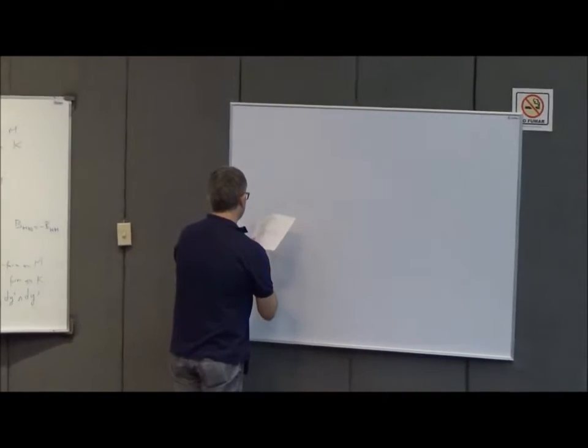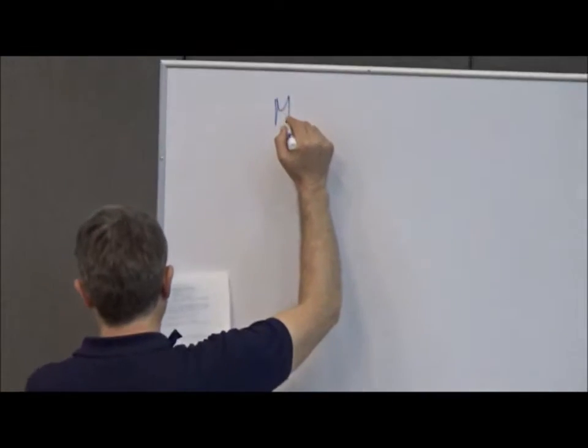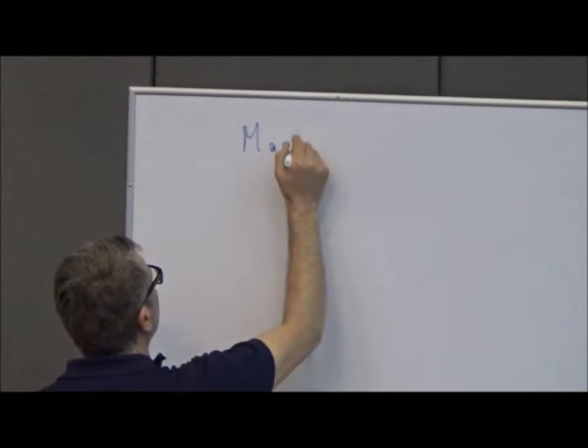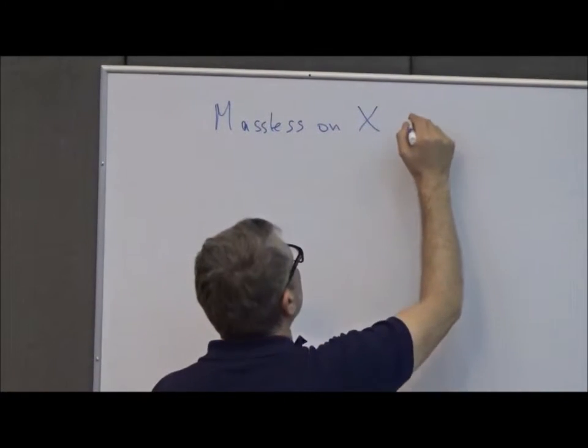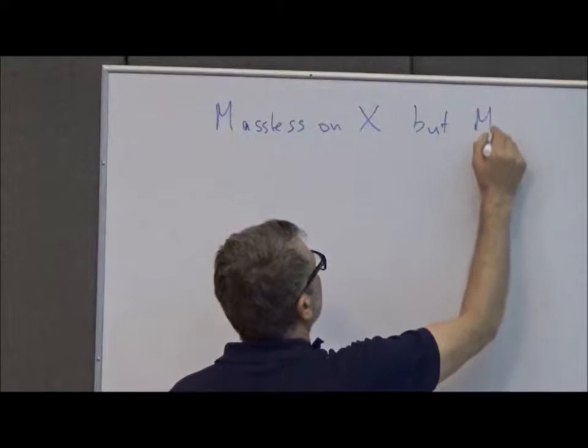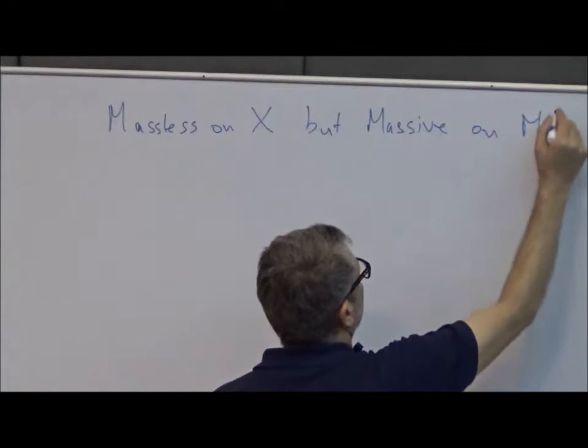I'll take that as a yes. So this is the typical example, and I like to call it massless on M, but massive on K, question mark.